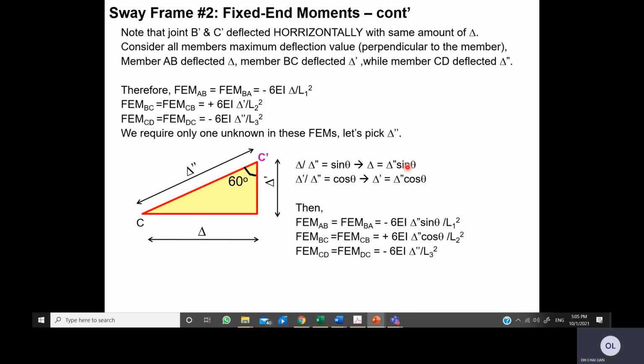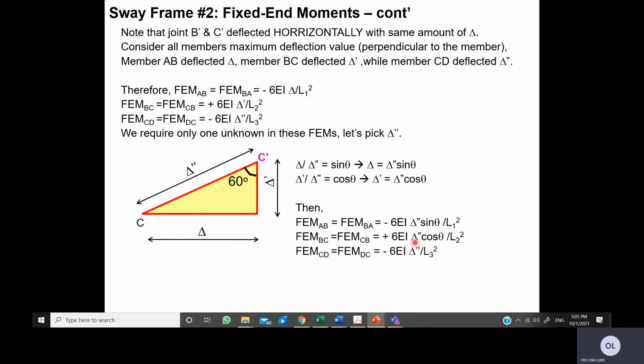So we can substitute this into the equations. For example, for fixed moment AB, you substitute delta equal to delta double prime sin theta into here, so you get new equations with delta double prime inside. Similarly, delta prime can be substituted into the equations for fixed moment CB.